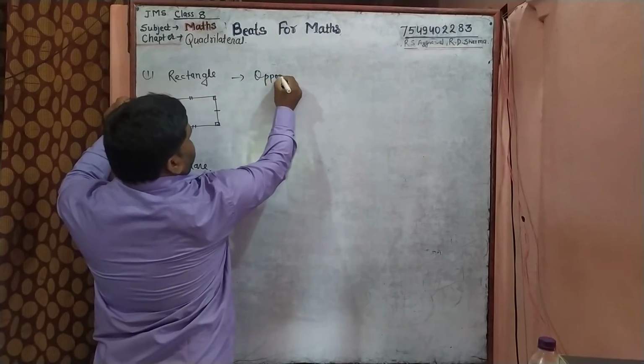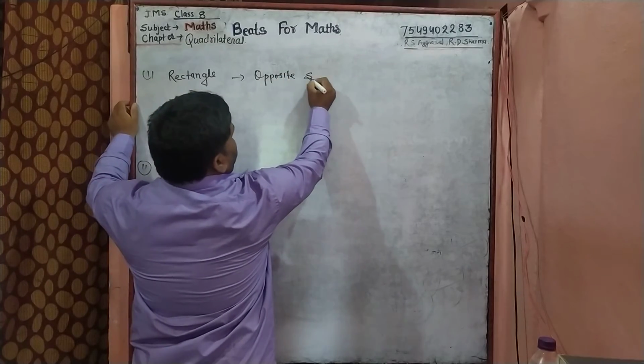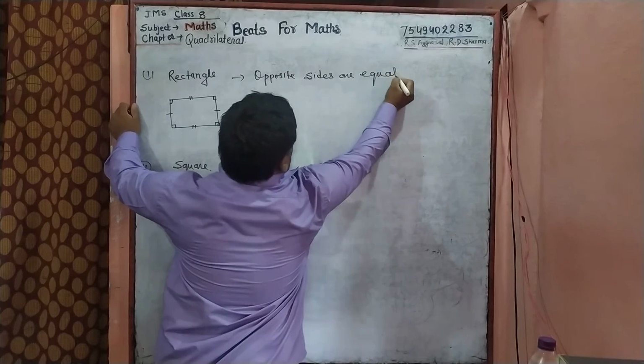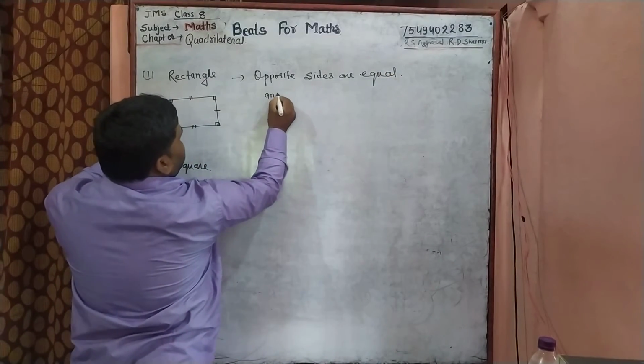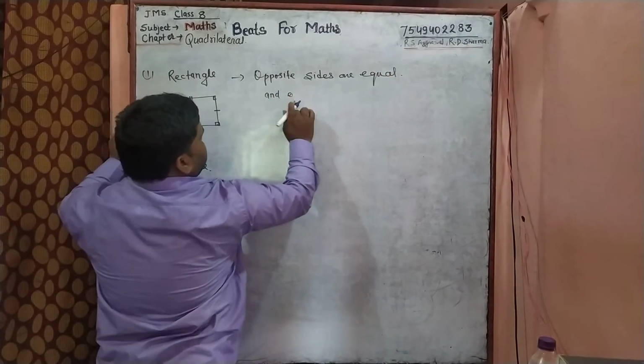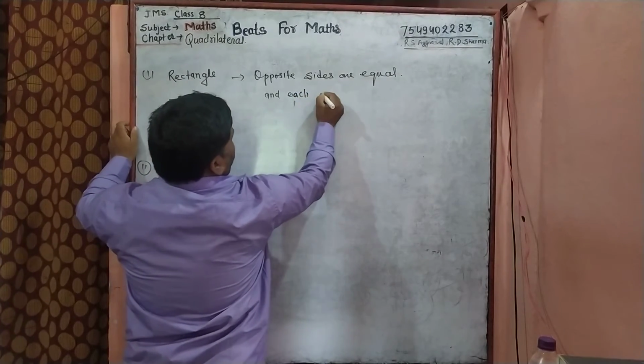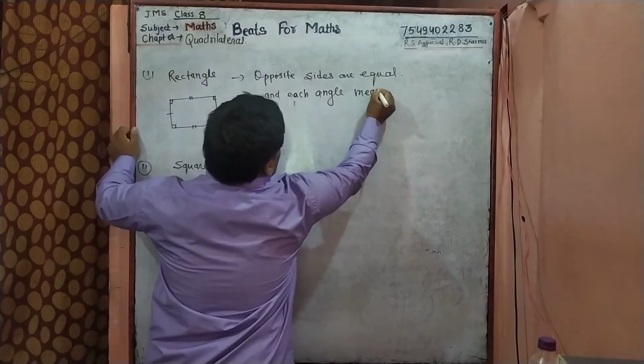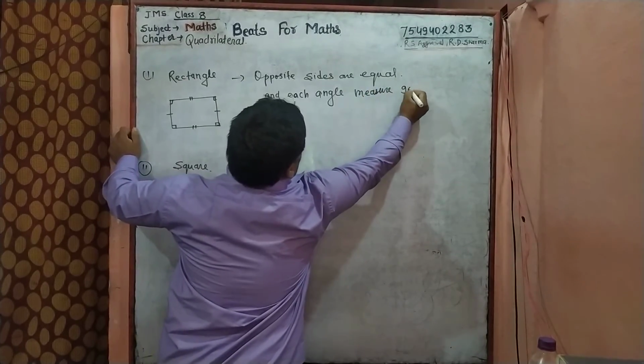In a rectangle, opposite sides are equal and each angle measures 90 degrees.